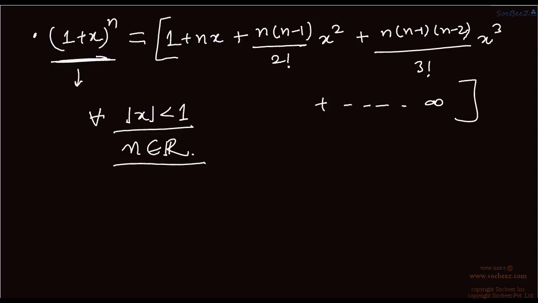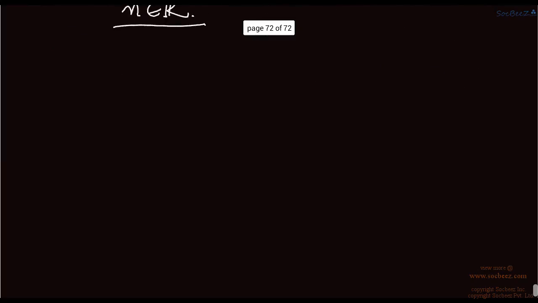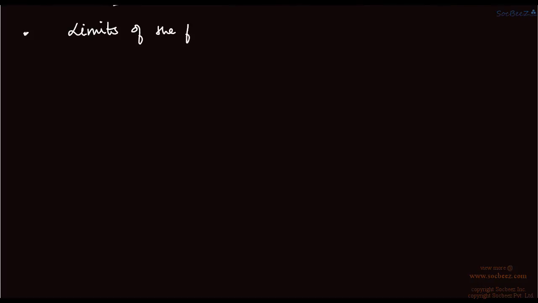n can be anything. So these were the 10 expansions I want to tell you about, and now we'll see some limits of the form 1 to the power infinity, 0 to the power 0 and infinity to the power 0. These forms.